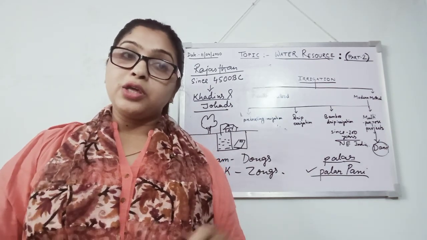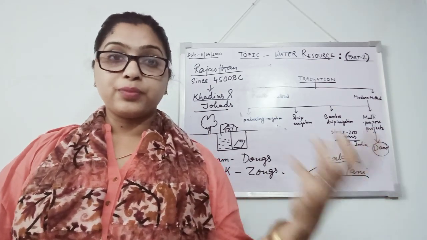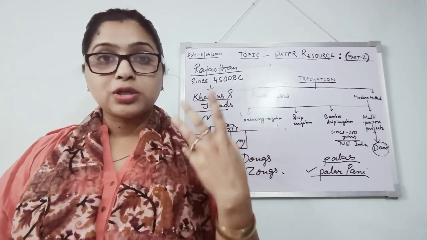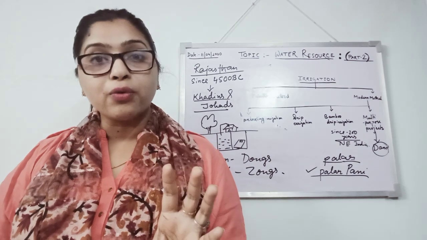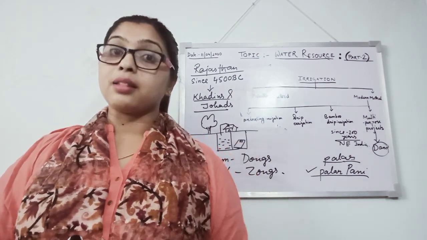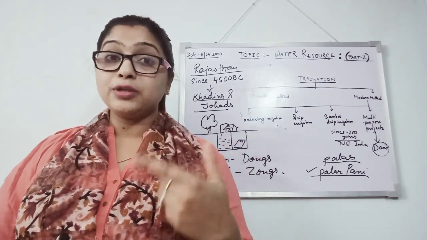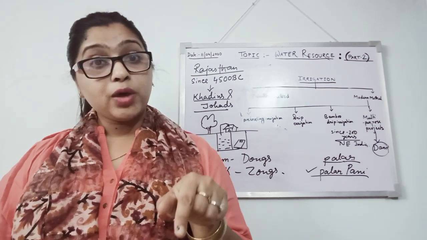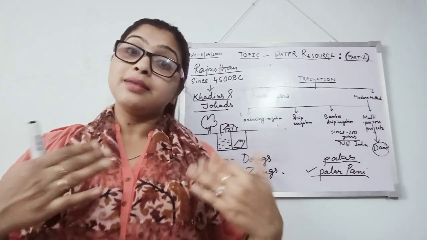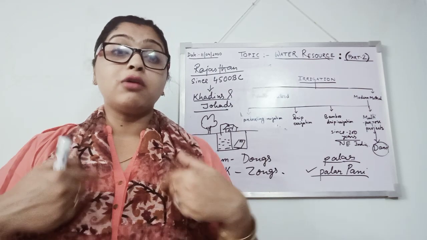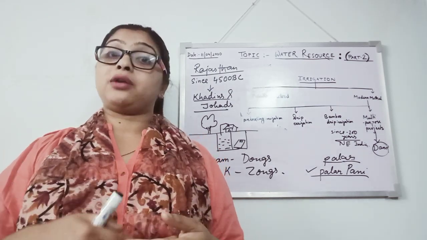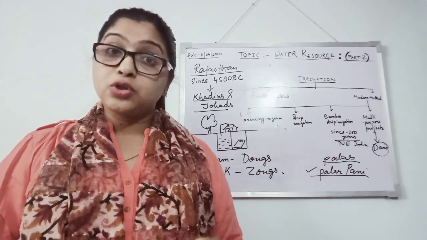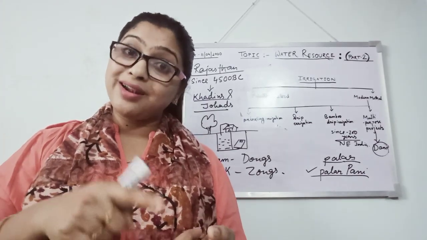All of you know, when your phone battery or talk time is finished, you recharge it again, otherwise you will not be able to use it. In the same way, we are accessing this groundwater, but we are not recharging it. We are only discharging. We should first recharge, then we can discharge.